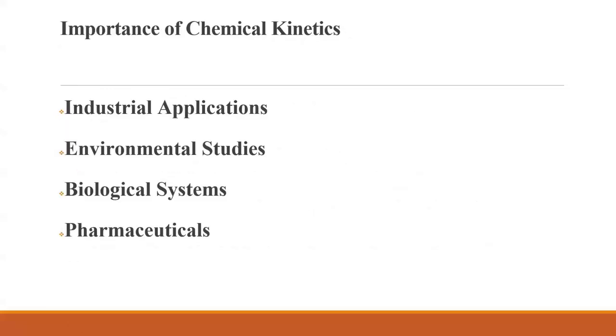So what is the importance of chemical kinetics, or what are the applications? We have industrial applications, where chemical kinetics helps in optimizing conditions for processes like polymerization, synthesis of chemicals, and fuel consumption.